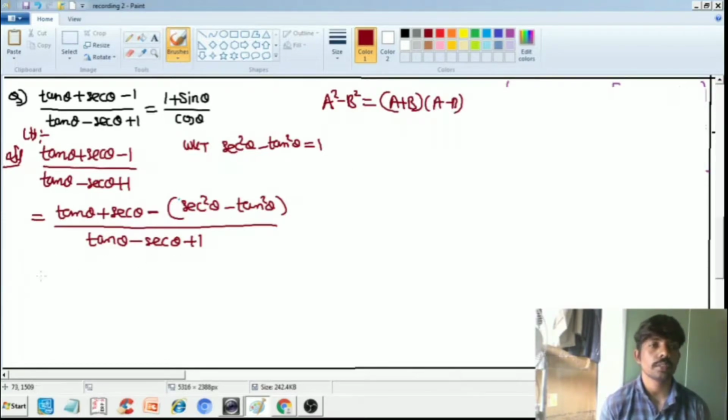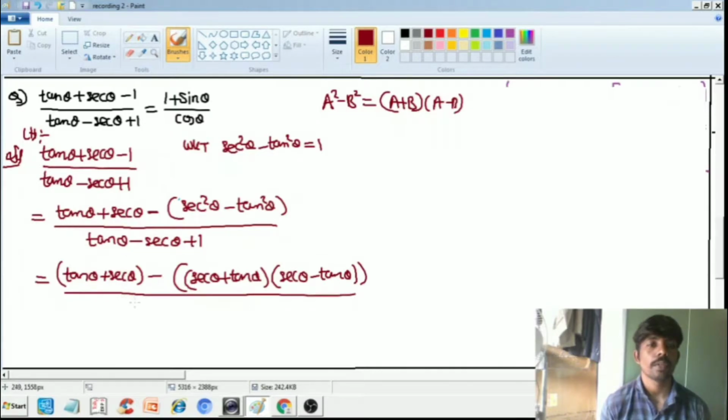So I am writing tan theta plus secant theta minus secant theta plus tan theta into secant theta minus tan theta, by tan theta minus secant theta plus 1.